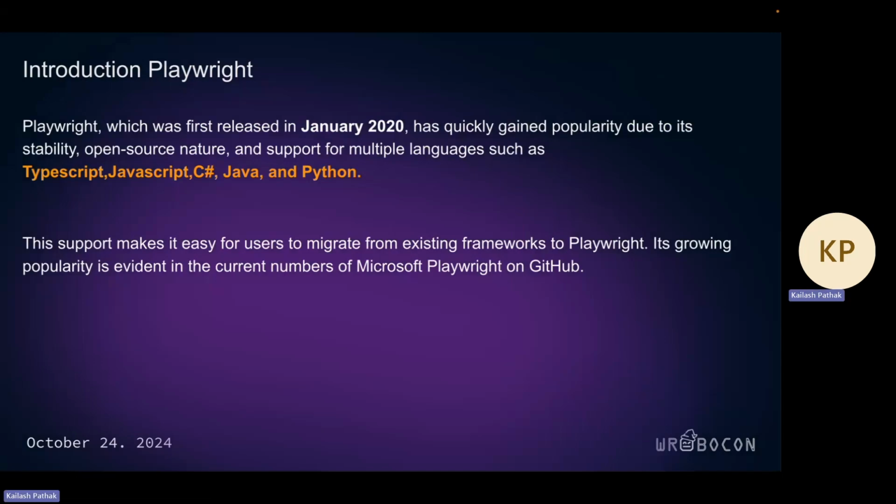Another reason for the popularity is that by default all the test cases in Playwright run in parallel. We can adjust our config file if we don't want to run in parallel, and if I want to run in only a single browser, I can update my config accordingly.